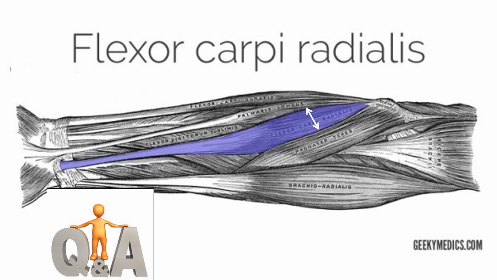Now, this is the flexor carpi radialis going towards the wrist, and it is coming from the medial epicondyle, supracondylar ridge, common flexor origin.